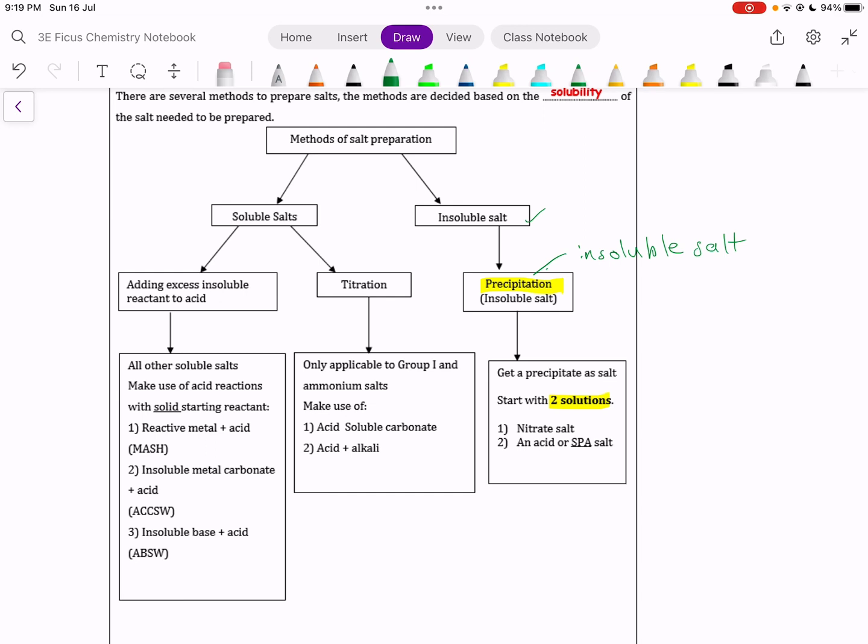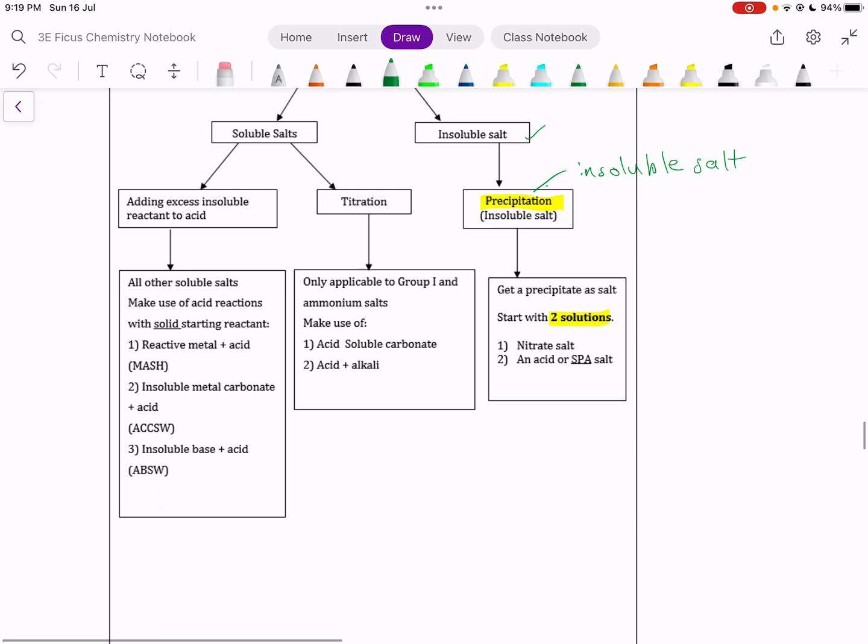For example, let's say I want to prepare silver chloride, the S of the LS chloride. Two solutions: one is a nitrate, and the second one can be an acid or a SPA salt. Remember, the first one, your metal cation, always pairs with the nitrate. So the first solution you use is your silver nitrate.